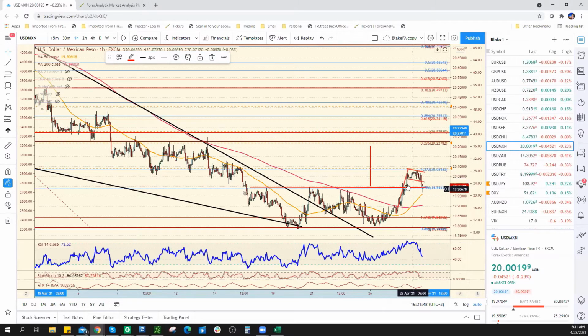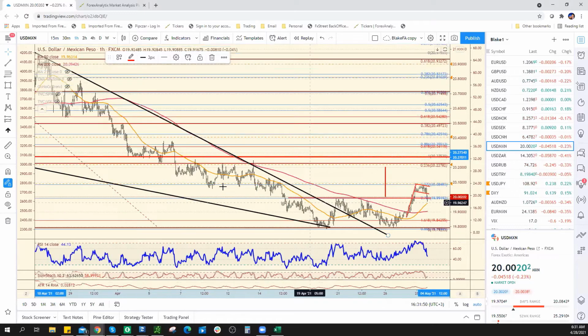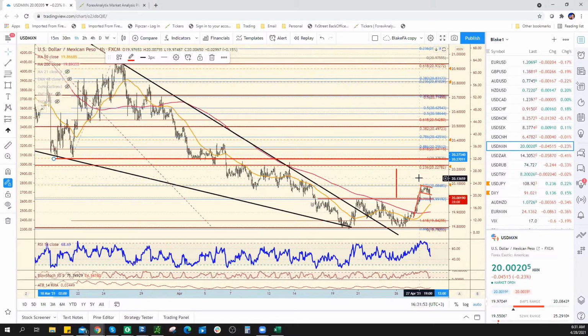The dollar Mexican peso looks like it wants to turn higher again, but it's going to be near impossible for it to really forge a rally here without equities coming down. And obviously, with what's happening today, the chances of that probably aren't that good.